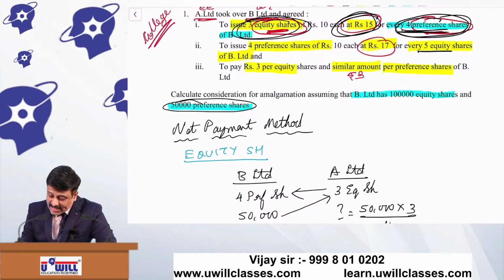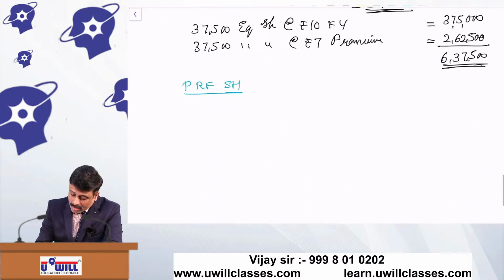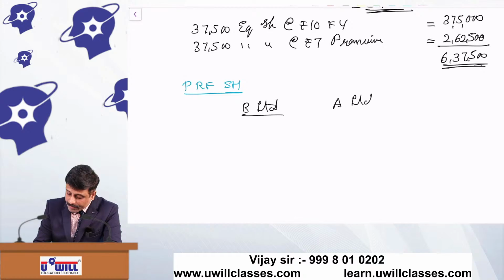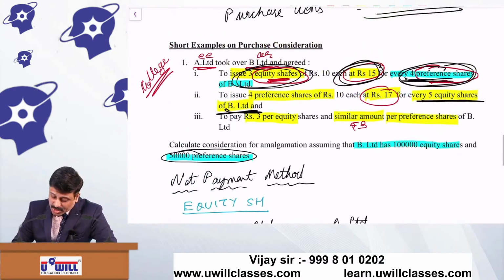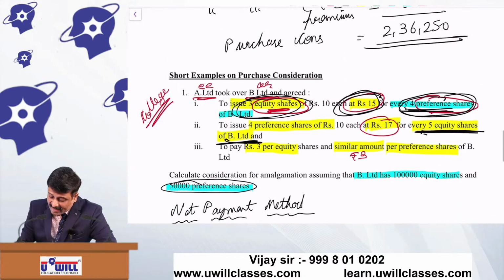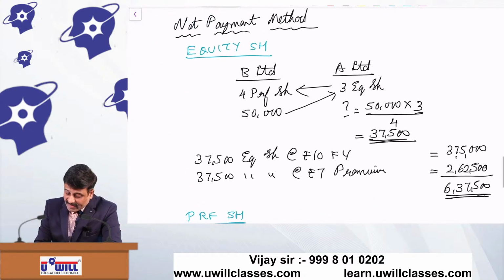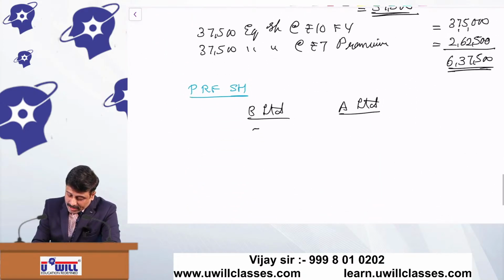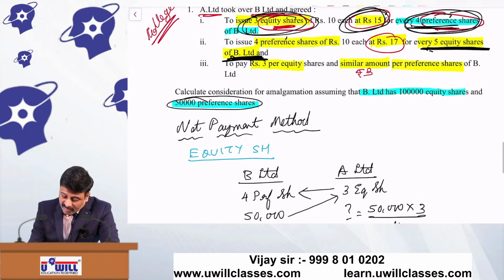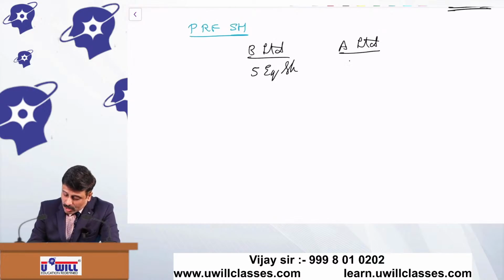Again, as I said to you, second information we take first. B Limited, A Limited. For every 5 equity shares of B Limited, what are we going to give? 4 preference shares of A Limited. Equity shareholders we are going to pay in terms of preference shares.